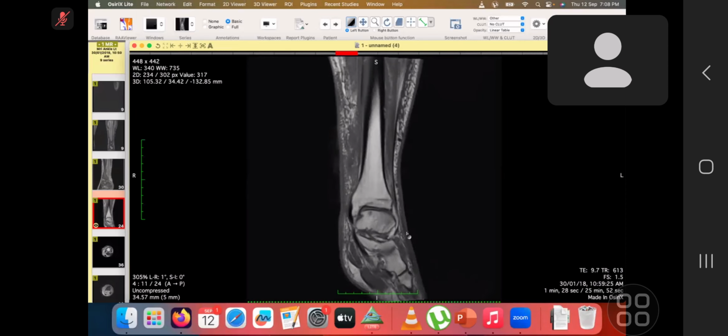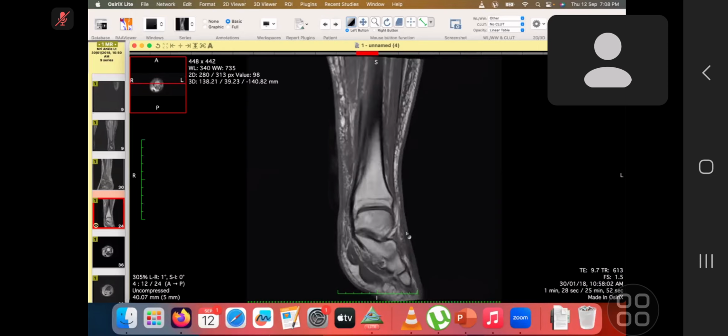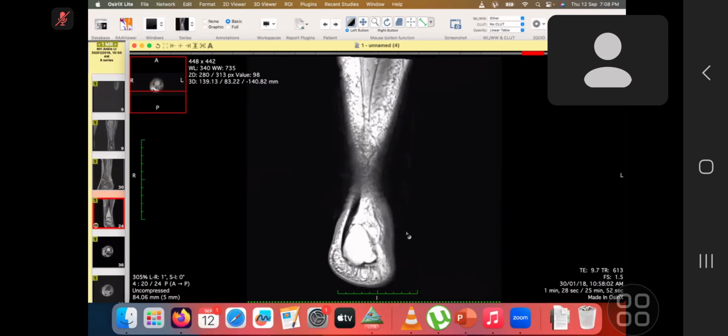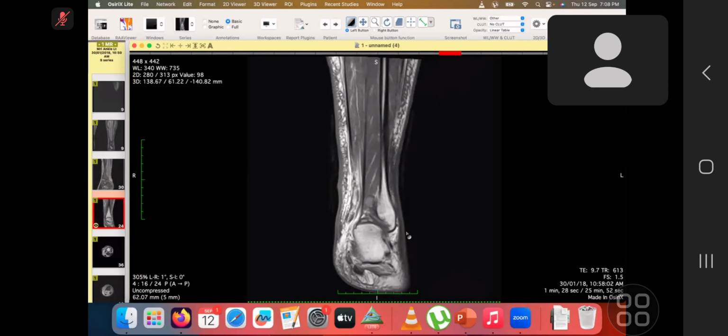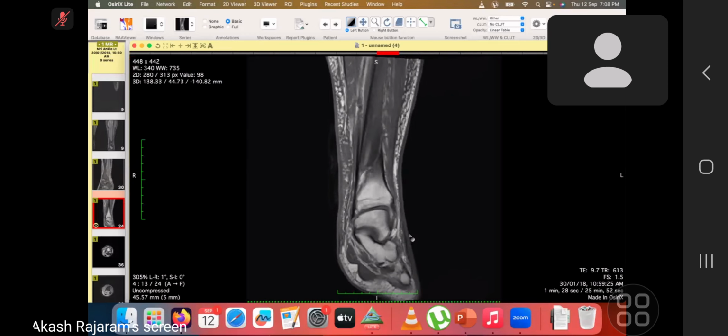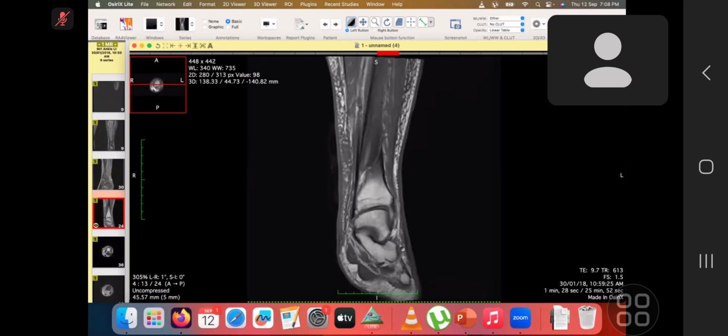Mild T1 hypointensity at the talar dome region. Otherwise, the distal tibiofibular syndesmosis is not interrupted. I don't appreciate any other areas of signal abnormality.